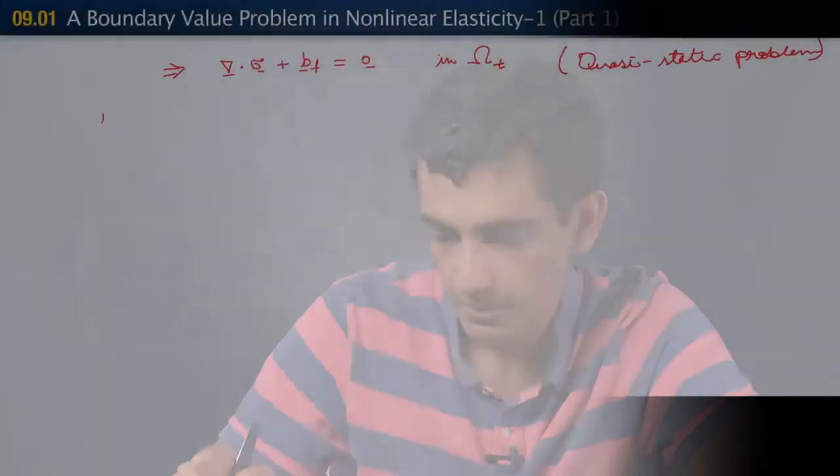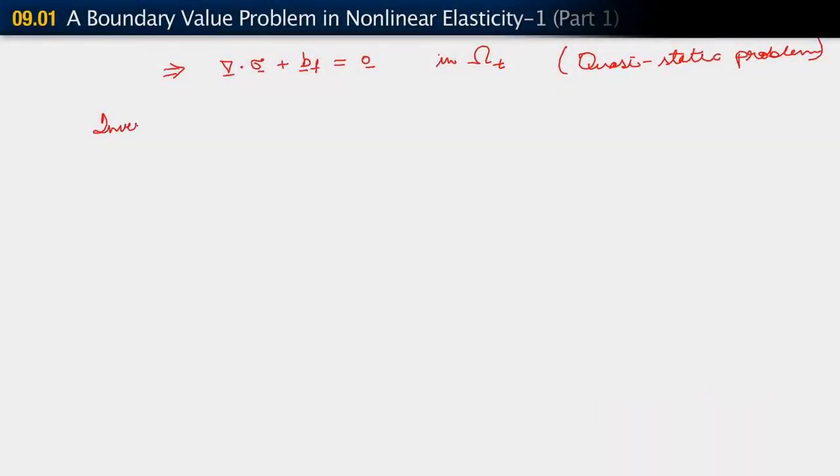Now, we are going to take an inverse approach to the problem that I want to describe to you. Because of the particular phenomenon I want to be able to describe to you, I am going to start off by first assuming a particular displacement field.